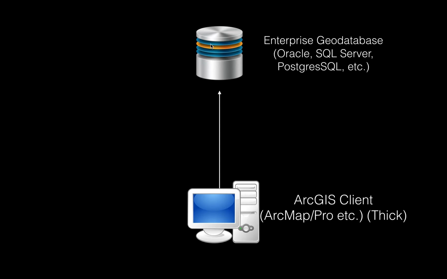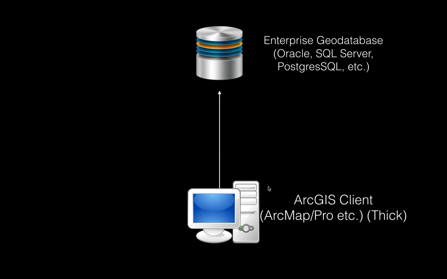But usually it's on another server and you connect using the IP address or the host name of this machine, which has the enterprise geodatabase, and then you consume, read, write, that is editing, do all kinds of cool things. This model has been very famous in the past 20 years or so, and is still used to this day.